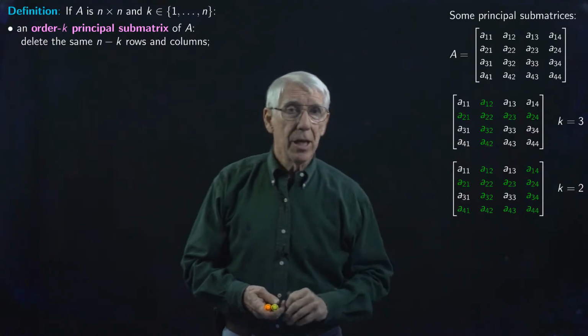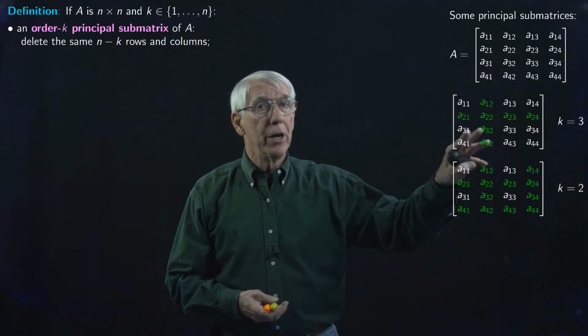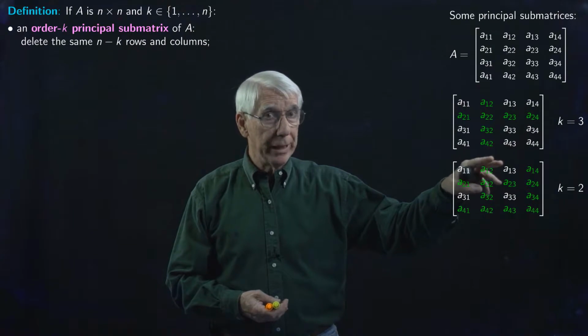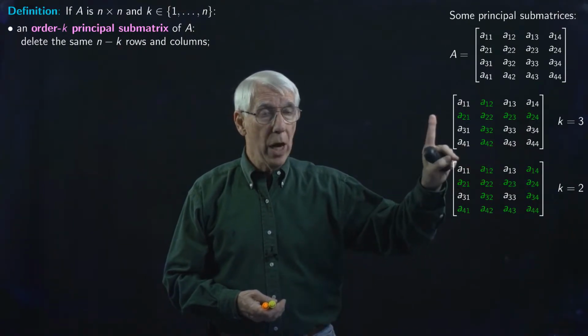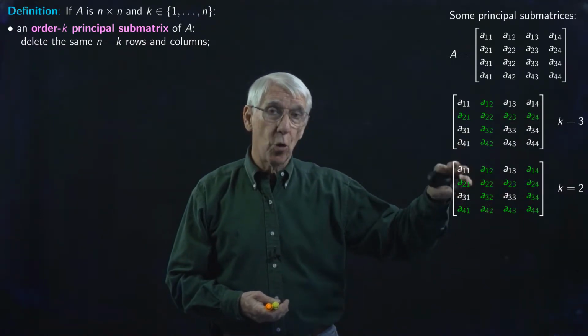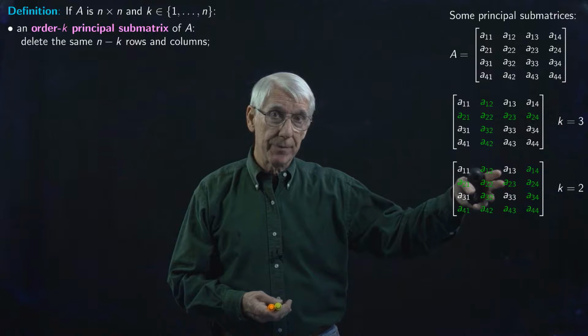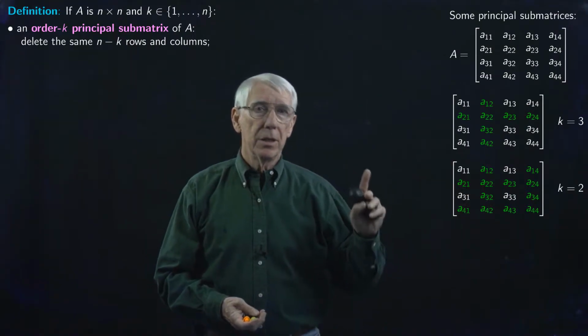In the first case, I had a principal submatrix of order 3, so k equals 3, and I deleted n minus 3 equals 1 row and column to get that order 3 submatrix. So that's what we mean by a principal submatrix.